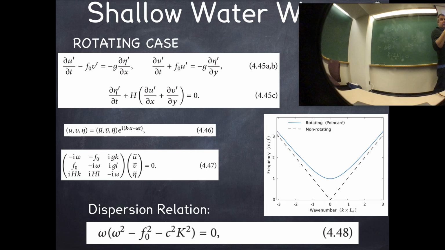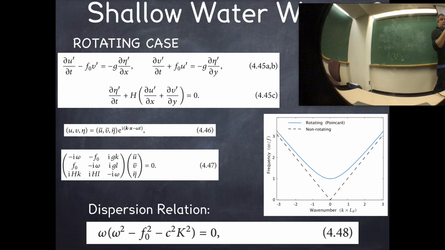There will be a relationship: omega over k will be equal to the speed of propagation, which is basically what this is telling you for a particular wave. And then we have a u part, a v part, and an eta part. And if you plug this into this system, you actually get a matrix equation for the evolution of those.